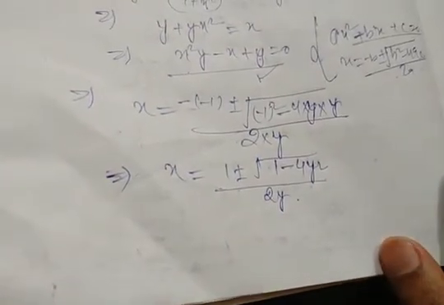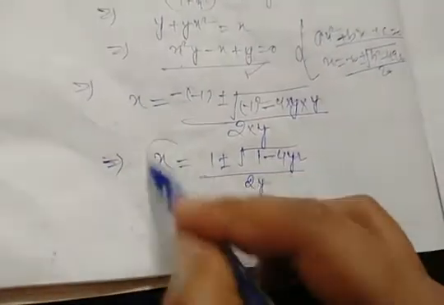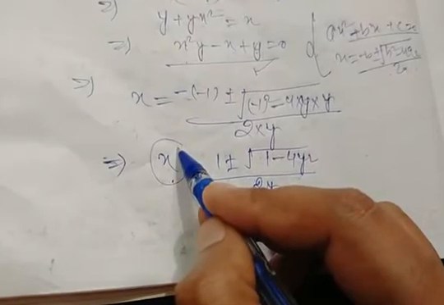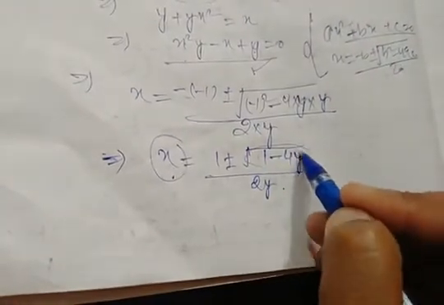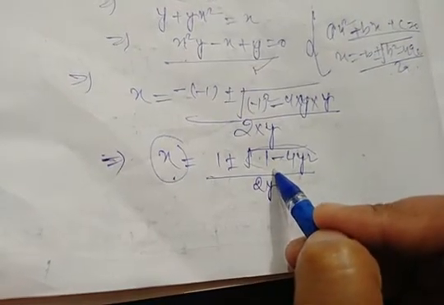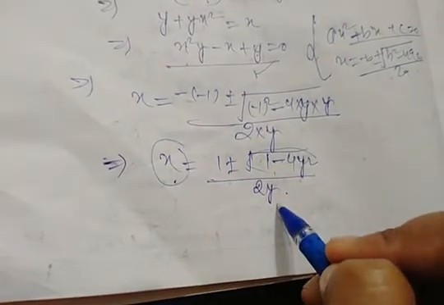Now clearly x is real. x will assume real values if the value under the root is always greater than or equal to 0 and y is not equal to 0.